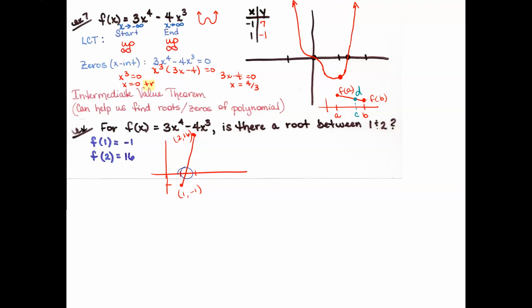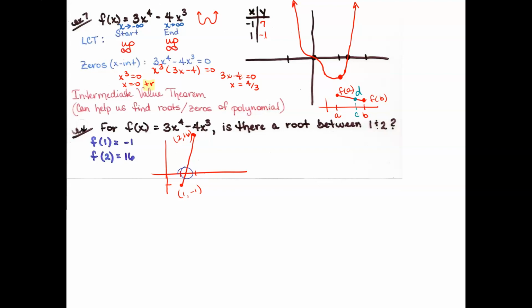Now, if you're going from (1, -1) to (2, 16), are you going to have a root? Yeah. If you're switching from a positive to a negative or a negative to a positive, you've got to go through 0 to do that, right?